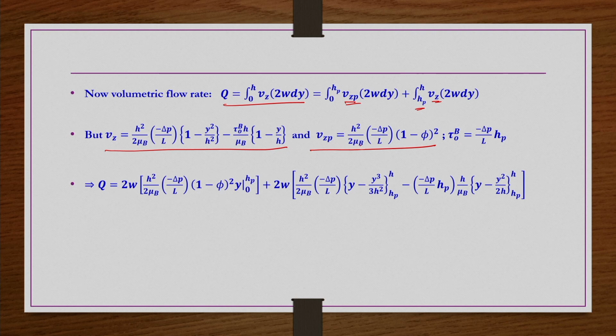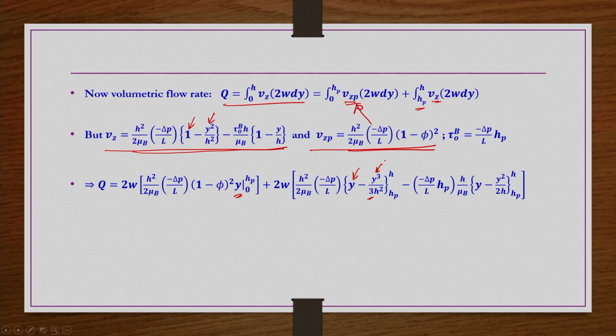When you substitute Vzp here and integrate, this entire thing is constant because Vzp is a constant velocity; it is not changing with the y direction, and 2 and w are also constant. So, this entire thing multiplied by y after integration, with limits 0 to Hp. For the remaining terms, 2w and this entire term, when you integrate you get y, and here y cube by 3.